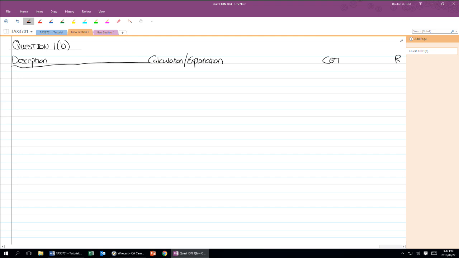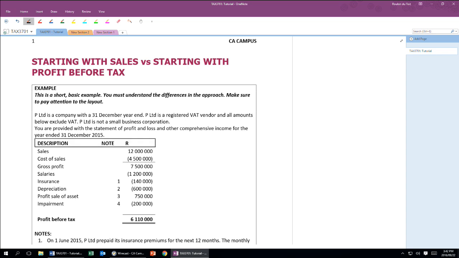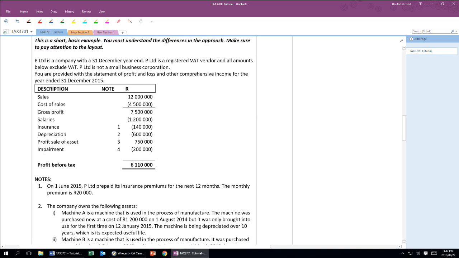Now what you guys will see when we go through this specific question is that we're going to go a little bit faster to save you some time as well. But if you understand what we did in part A, part B is very, very simple.